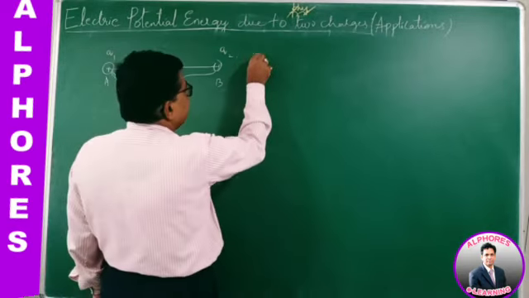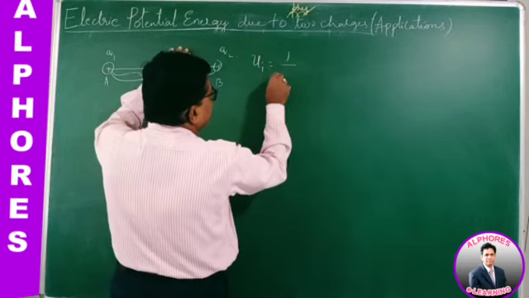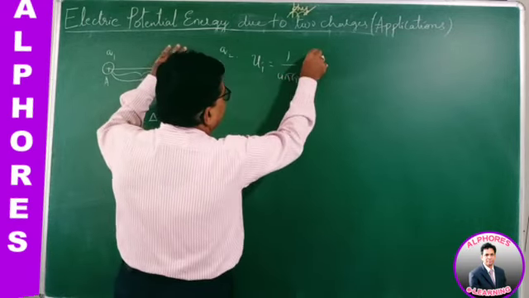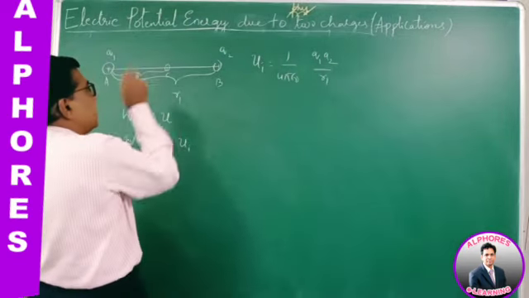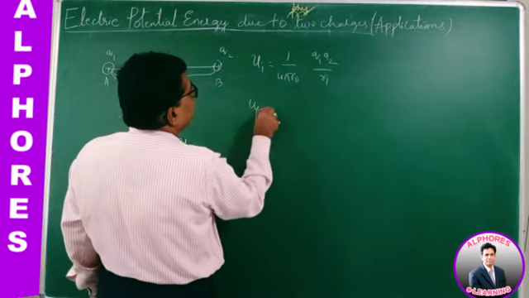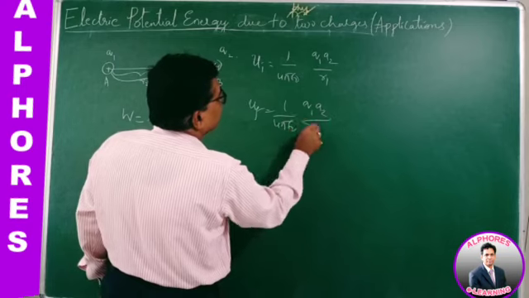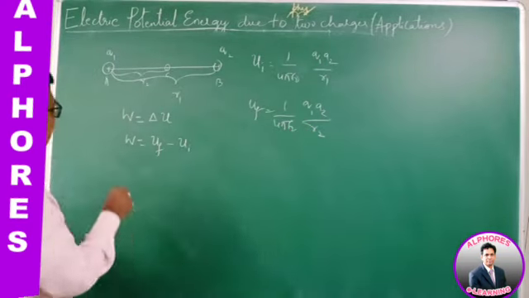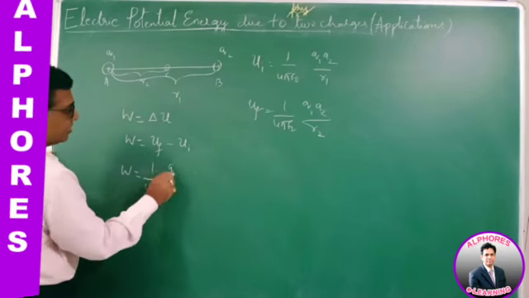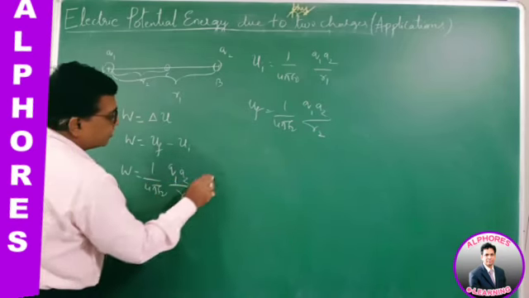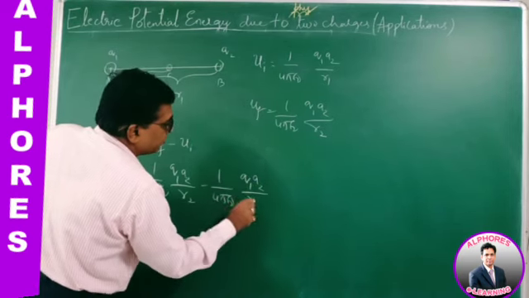Now, what is the initial potential energy? Initially the charges are at a distance R1. So the initial potential energy is 1 by 4 pi epsilon naught Q1 Q2 by R1. Finally the charge is brought to R2, so the final potential energy is 1 by 4 pi epsilon naught Q1 Q2 by R2. Substituting, the work done is 1 by 4 pi epsilon naught Q1 Q2 by R2 minus 1 by 4 pi epsilon naught Q1 Q2 by R1.